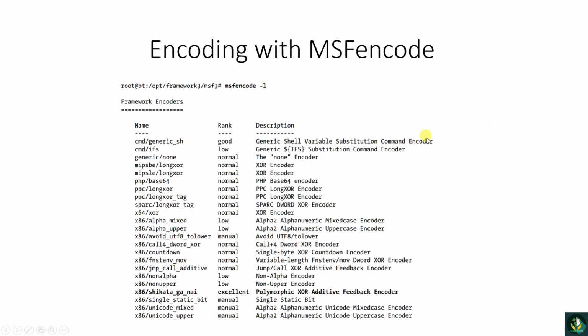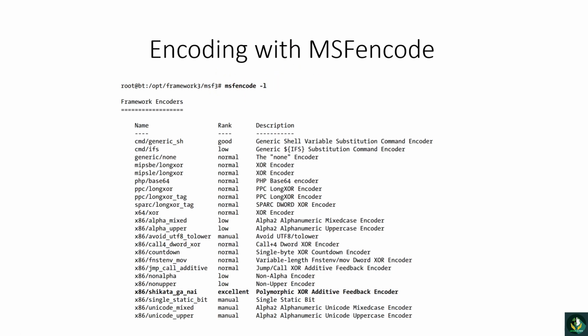You can use msfencode -h, not -L, to list the msfencode options. Of the msfencode options, the encoder formats are among the most important. For a list of encoder formats, we use msfencode -L, as shown in here.